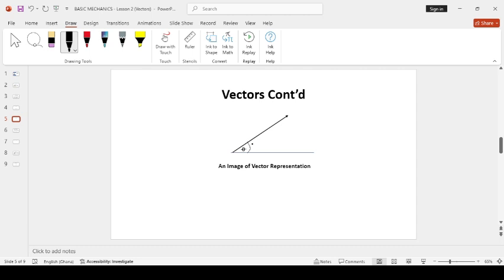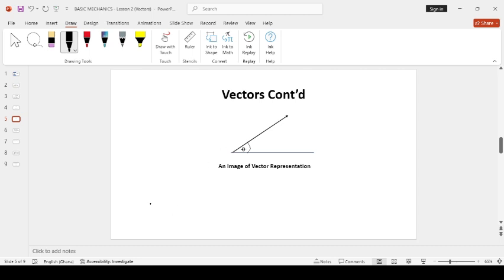Bear in mind, vector quantities have both magnitude and direction. And with the magnitude, the length of the arrow here describes the magnitude of that particular vector. Even though this is not drawn to scale, suppose it was drawn to scale, then the arrow will have varying length.